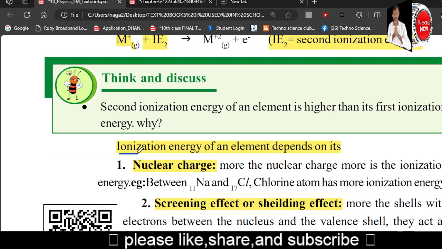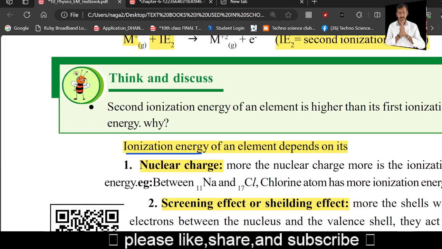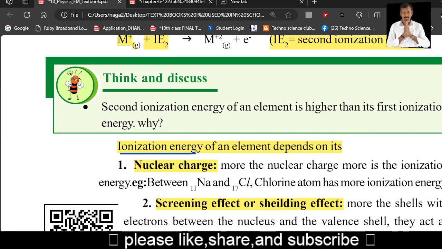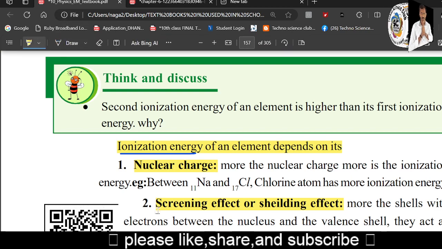The ionization energy of an element depends upon 5 factors. What are those factors? The first one is nuclear charge. The second is screening effect, or shielding effect.